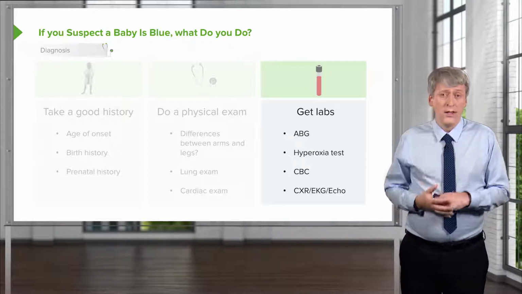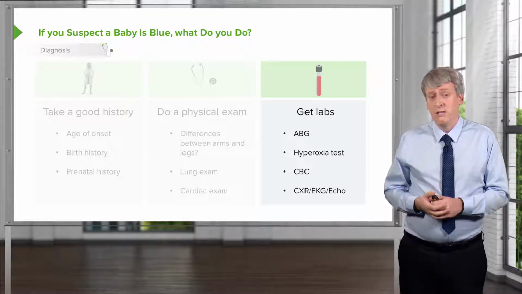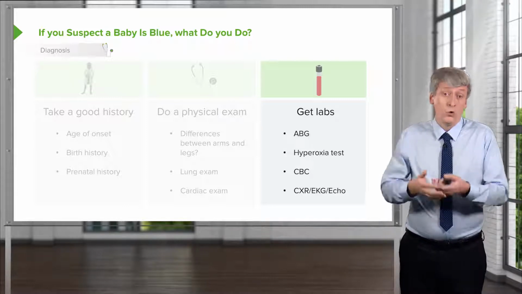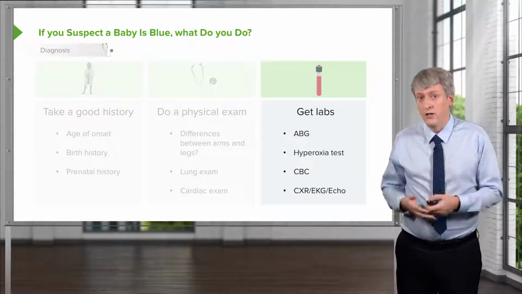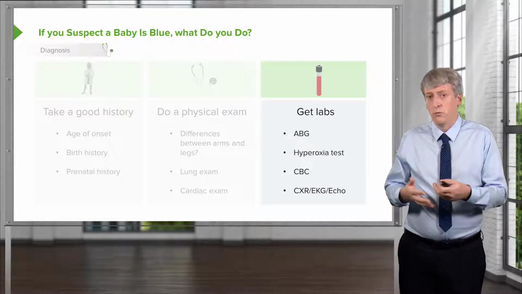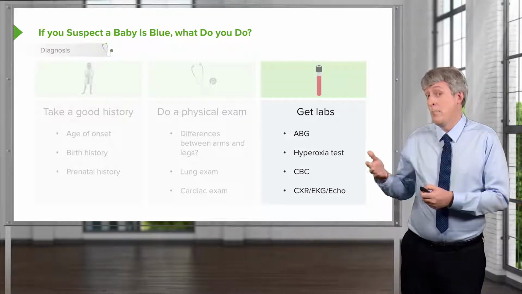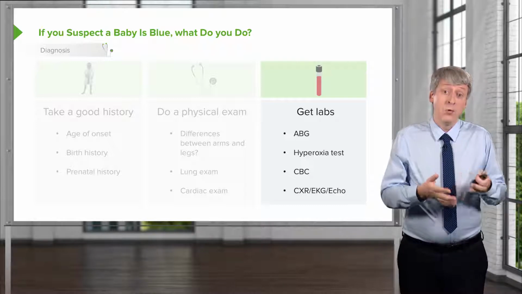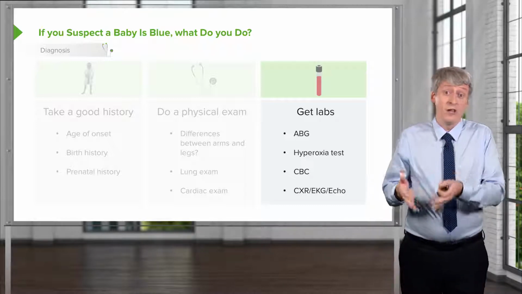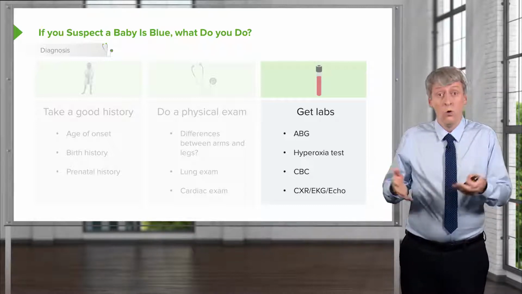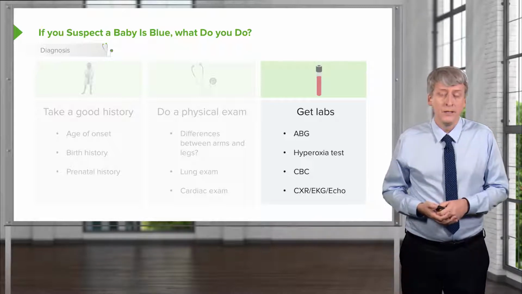Additionally, while you're drawing that blood, you'll want to get a CBC, because remember that it could be something like hereditary spherocytosis or a problem with the red blood cells. The child might be anemic, which might be important to understand in the setting of a child with congenital heart disease, or that might be driving the problem.